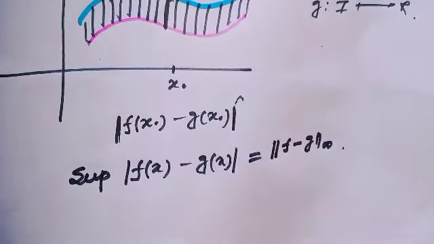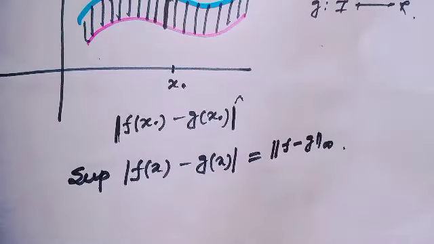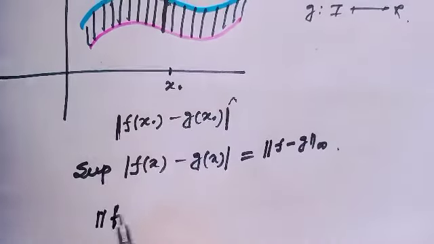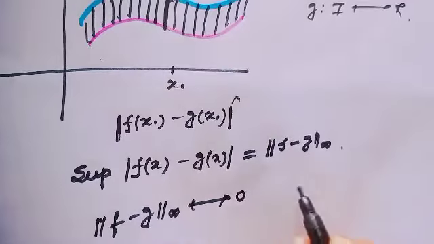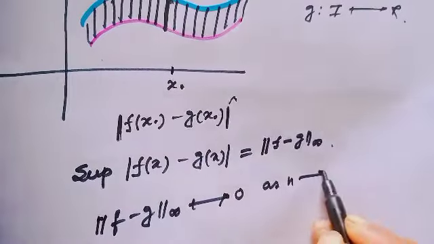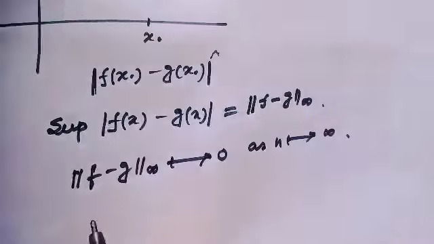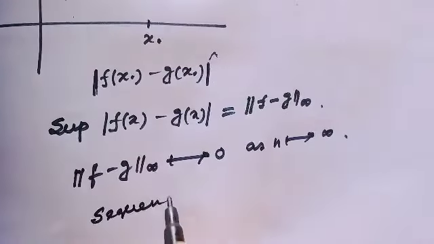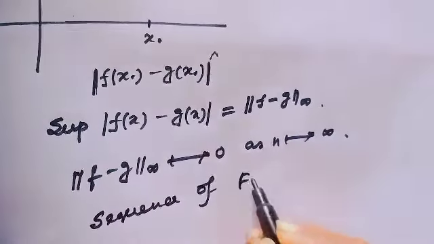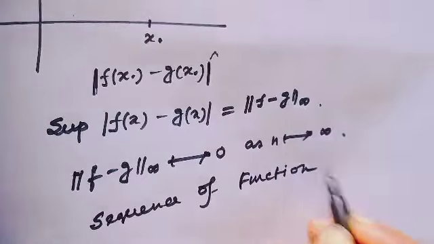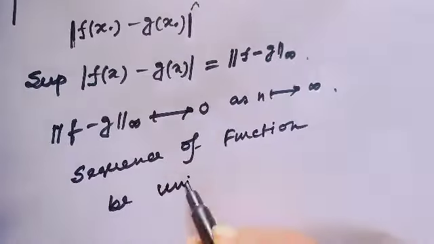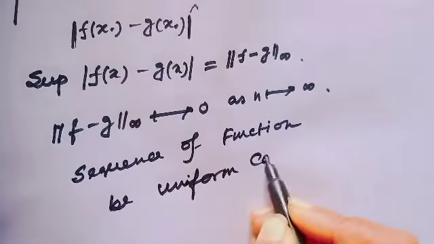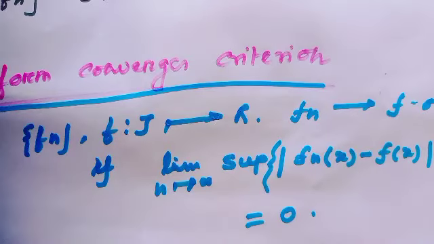And for uniform convergence, if the norm of fn minus f, infinity, tends to 0 as n tends to infinity, then the sequence of functions is uniformly convergent. This is a nice criterion for uniform convergence.